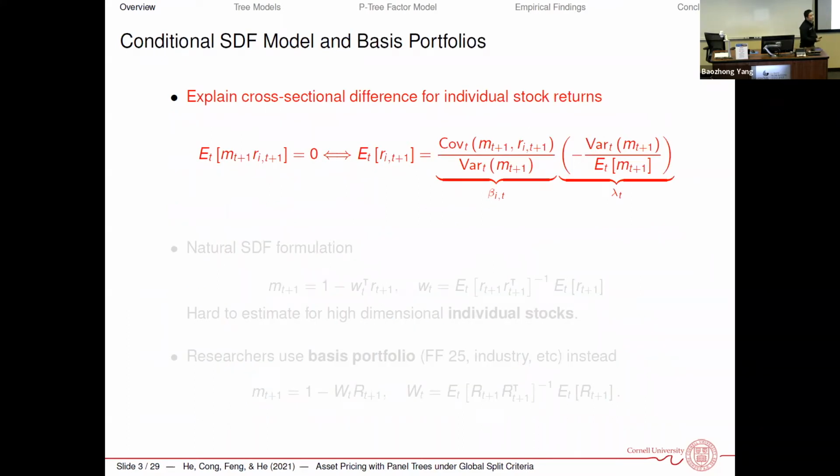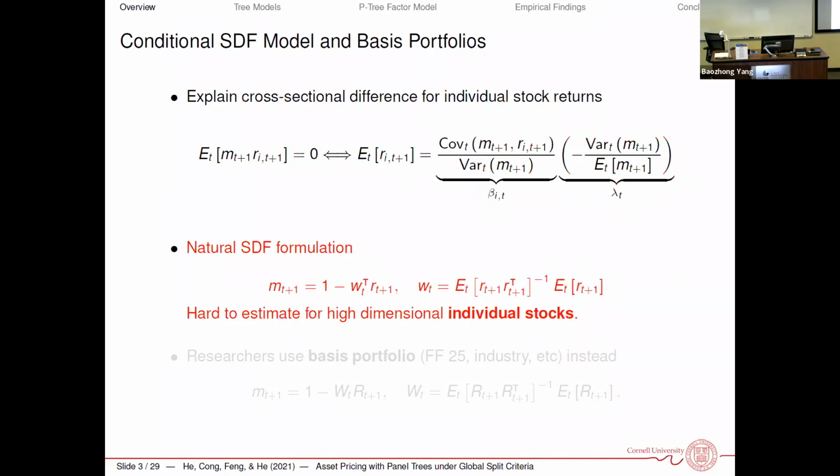So starting with the key question that we're trying to answer. If we think about any conditional SDF models, typically we write down the no-arbitrage condition, and the natural pricing kernel is written, and we use M here to denote the SDF. In this form, it's going to be related to individual asset return characteristics, asset return patterns. We don't typically estimate this model just because the variance-covariance matrix is too big.